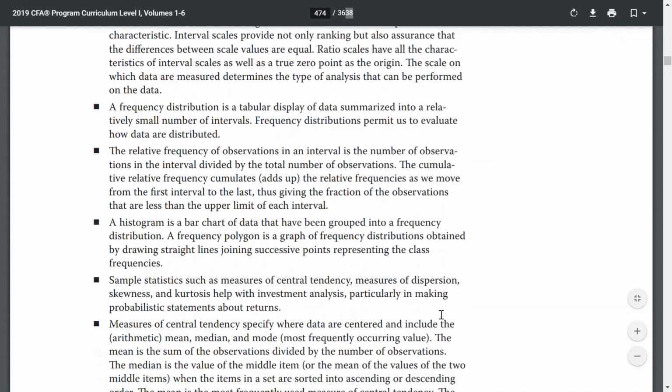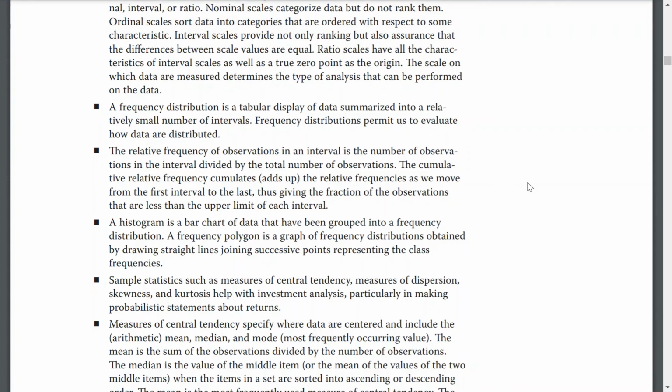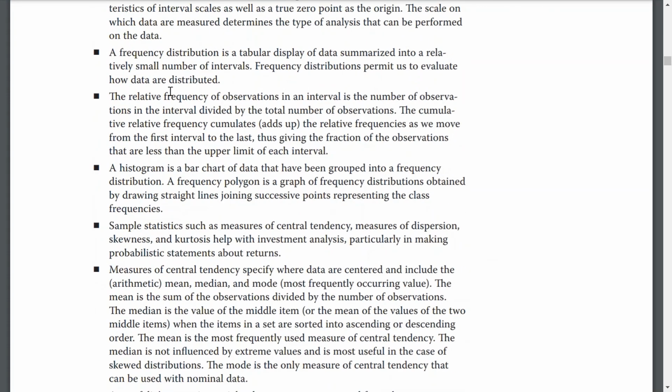A frequency distribution is the tabular display of data summarized into a relatively small number of intervals. Frequency distribution permits us to evaluate how data are distributed. The relative frequency of observations in an interval is the number of observations in the interval divided by the total number of observations.